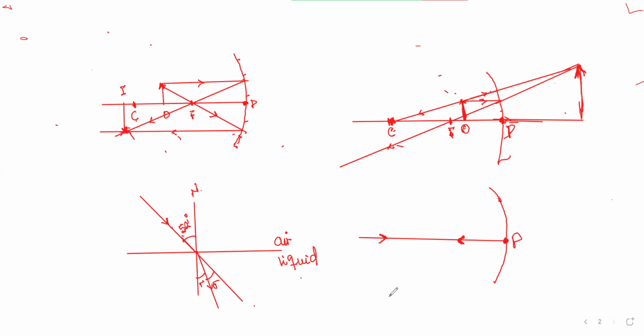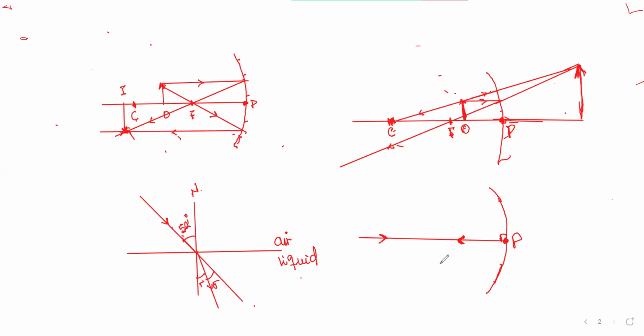Okay, so now, on what condition will the ray be reflected along the same path? When it strikes the mirror at 90 degrees, exactly. So the ray is perpendicular to the mirror.